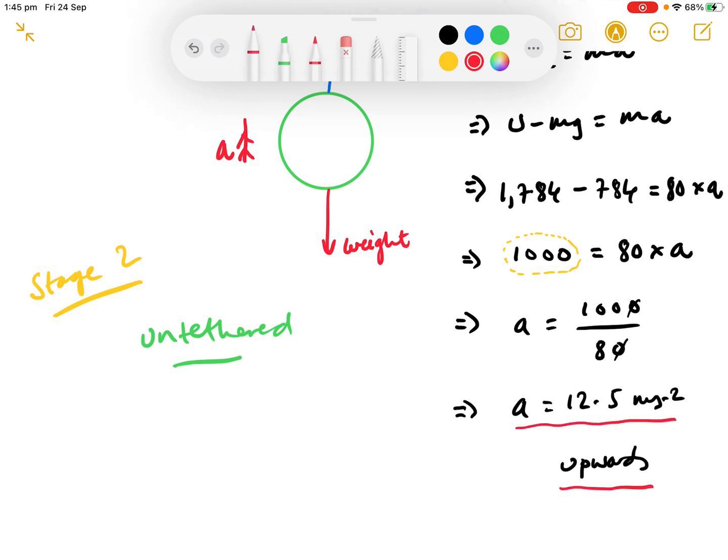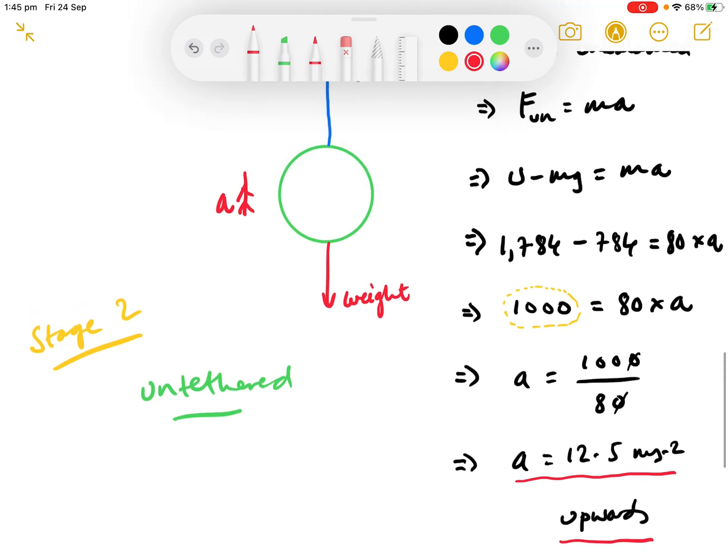Now we're not using the sign convention, but we do need to specify direction in our final answers. So there we have it. That is how you work out the acceleration for an untethered balloon, which was previously tethered.